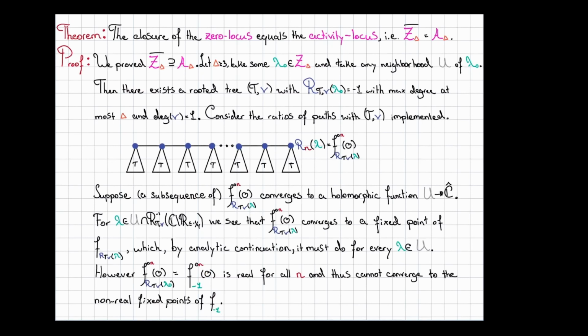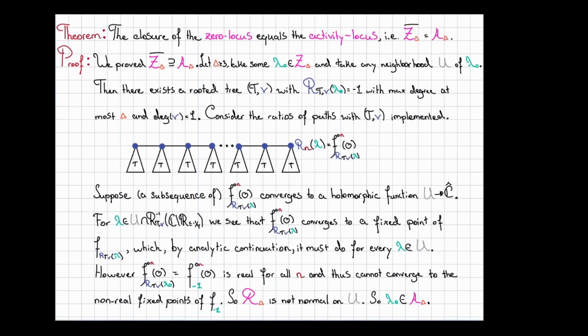So this cannot happen, and therefore this is a contradiction, and therefore my family of ratios is not normal on U. All right. So that means that my lambda 0 is in the activity locus. So this is proving that the zeros and activity are the same thing for the class of bounded degree graphs.